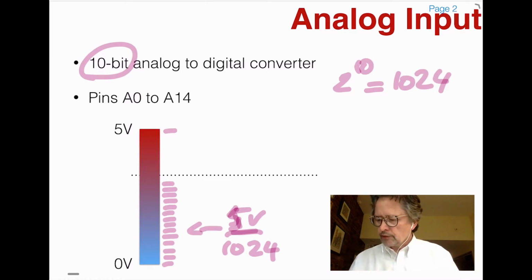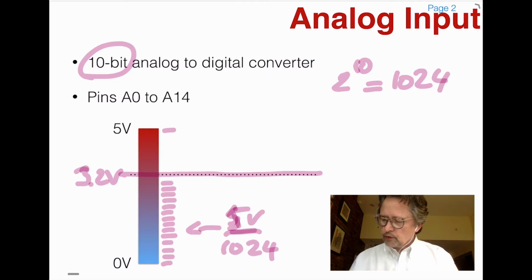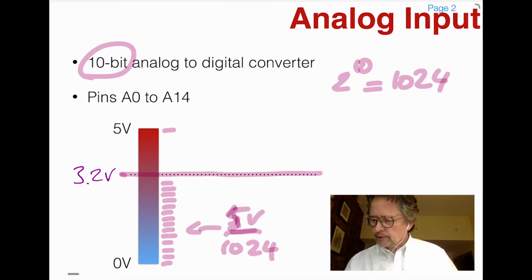And when it's going to measure a voltage, let's assume that it's measuring something like, so what does that look like? Maybe I would say this is like 3.2 volts. Let's assume that it's really 3.2 volts.